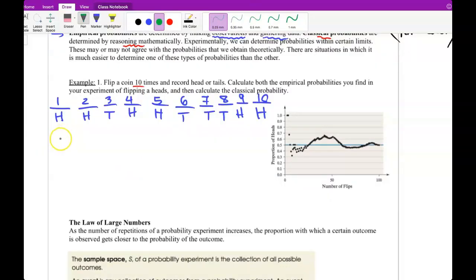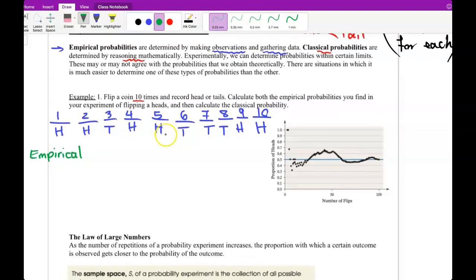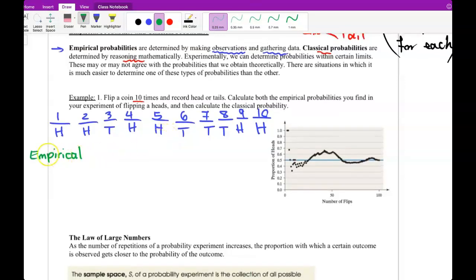Okay, so first I want to find what the empirical is. Okay, and based on that, we need to find the probability you find in your experiment of flipping heads.